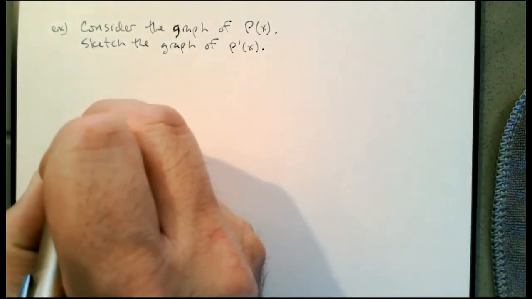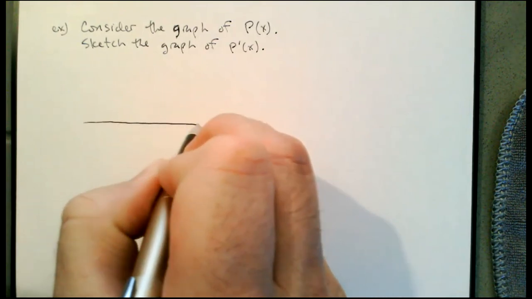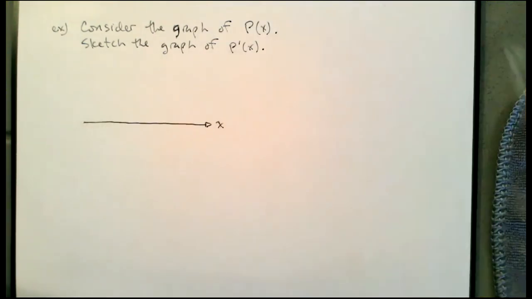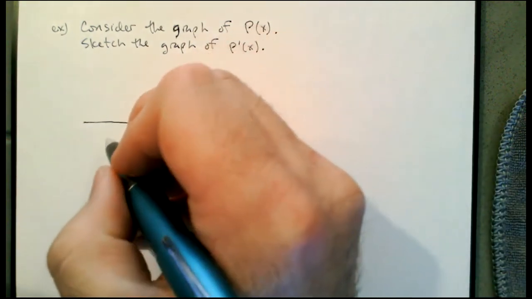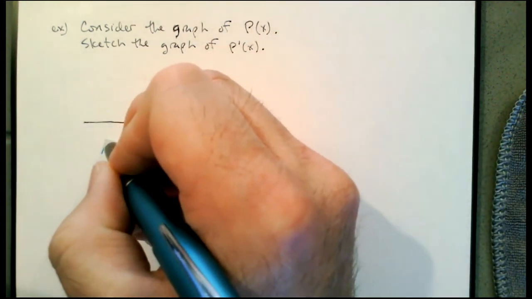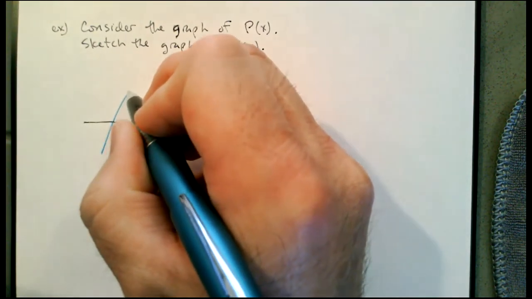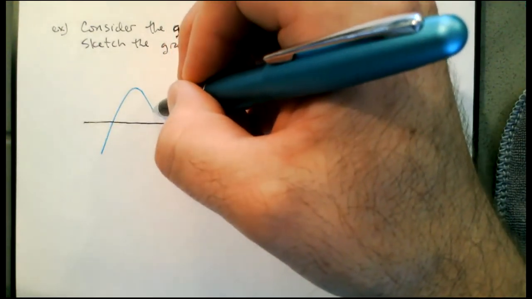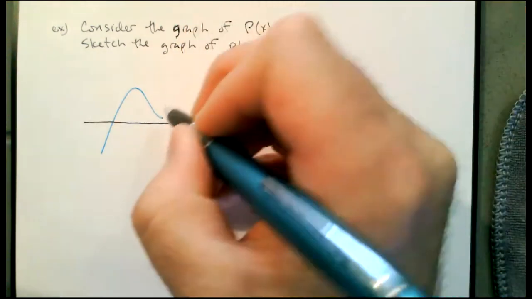So let's see. p of x is just going to go up, down, and up again.